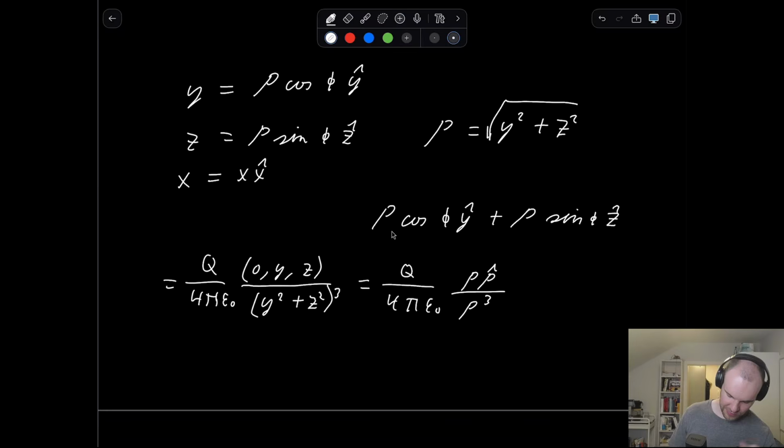I can write it like that, can't I? Y and Z. I like to do that instead: rho cosine of phi y hat plus rho sine phi z hat, just like that. That is not in coordinate form, this is the coordinate form. Would I write r hat? No, I think that's correct.